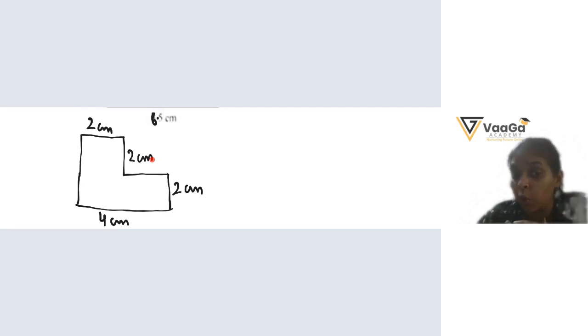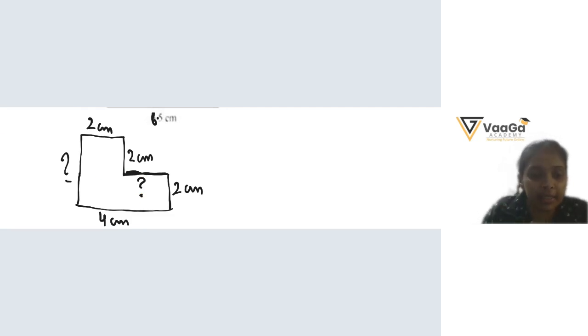No, some of the sides are missing. How many sides are missing? One. And what about this one? Oh, so we are missing 2 sides? Yes. Now, how do we calculate these 2 sides?